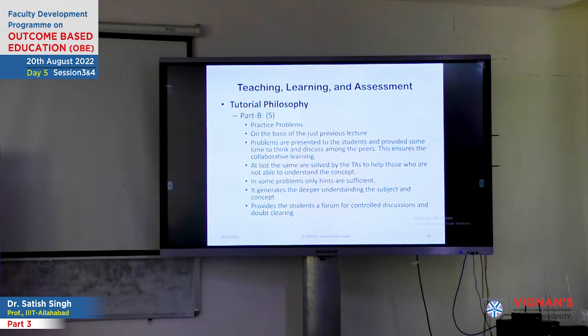It generates a deeper understanding of the subject and concept. It provides the students a forum for controlled discussion and doubt clearing. Forum for controlled discussion means they have to discuss in the class. So if they have to discuss in the class, they cannot deviate from the topic, at least for that time.